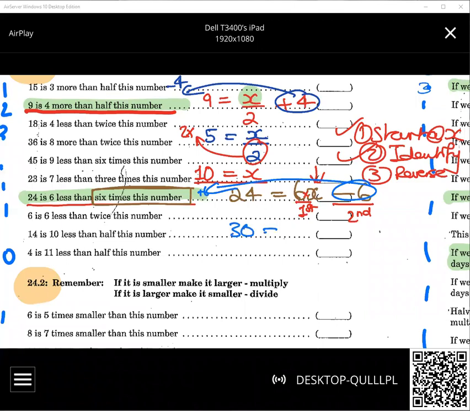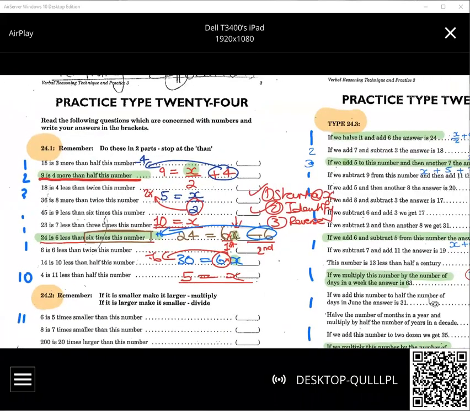And 24 add 6 is equal to what? 30. And what do you do next? You grab the times by 6, you take it to the 30, it becomes divided by 6, and then you divide 30 by 6, which is 5, and then you get down to x is 5. Okay, excellent.